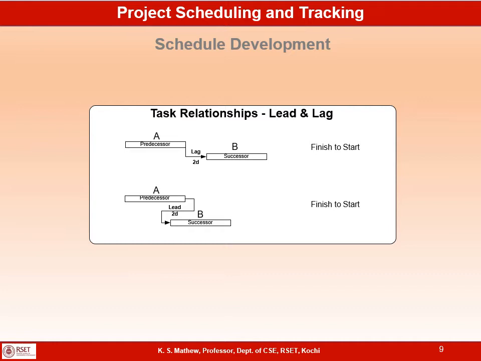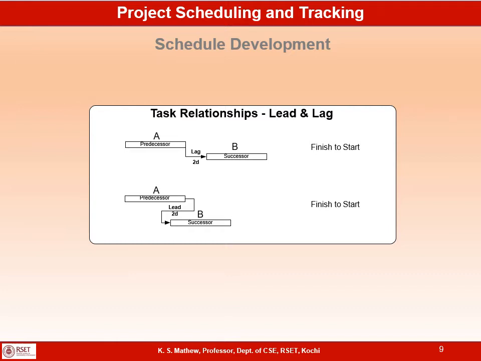Some of the activities could have a finish to start relationship. So activity B can be started only when A is complete, but in a particular case, there may be a situation where B can be started 2 days in advance of A's completion. So A and B have a finish to start relationship.